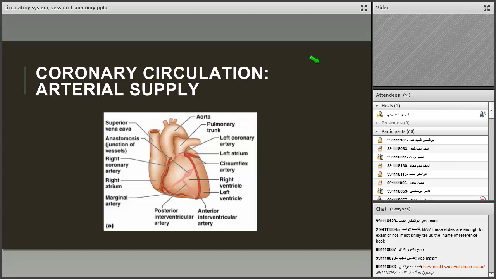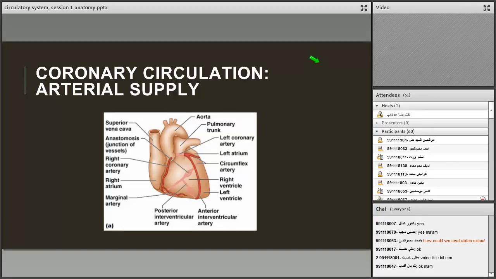About the coronary circulation. The heart is the first organ which is supplied with its blood.